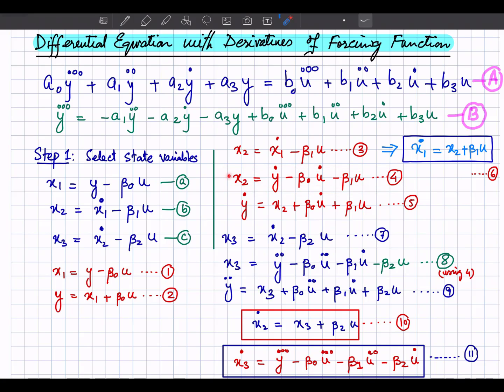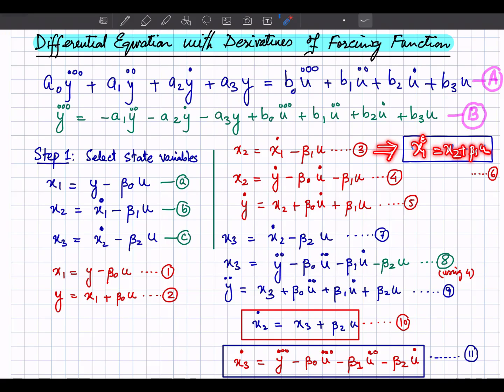And if I rearrange it for the y, so I can write y dot is equal to x2 plus beta naught into u dot plus beta 1 into u. Now from this equation 3, we can write down this equation, that is x1 dot is equal to x2 plus beta 1 into u.